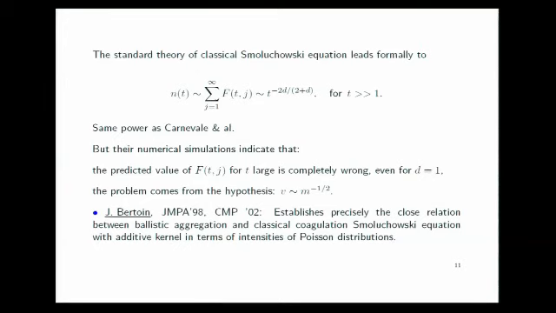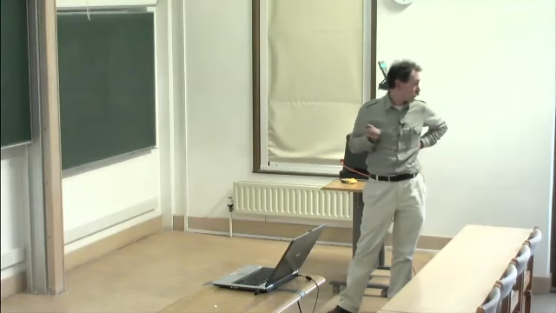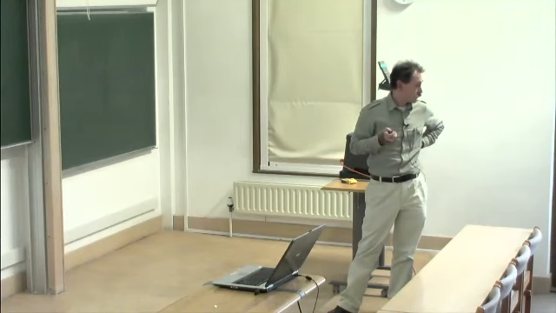It's very reasonable, but for that kind of kernel of coagulation, we are not able to prove it. But formally, what you can see is that n of t, which is the density of particles, which can also be expressed as the total number of particles, scales like t to the minus 2d over 2 plus d. So that's exactly the same power law as for Carnevale et al.